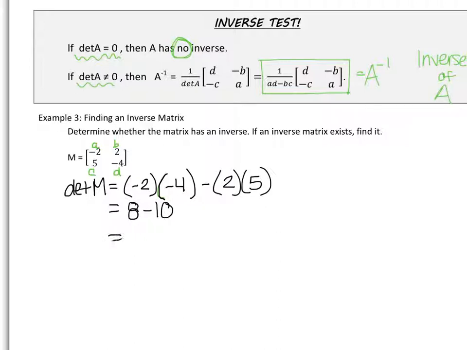So what is our determinant? -2. Based on the fact that the determinant is -2, does this have an inverse? Yes. Only when the determinant equals 0 does it not have an inverse. So this one does. So that means we get to figure out what the inverse is.